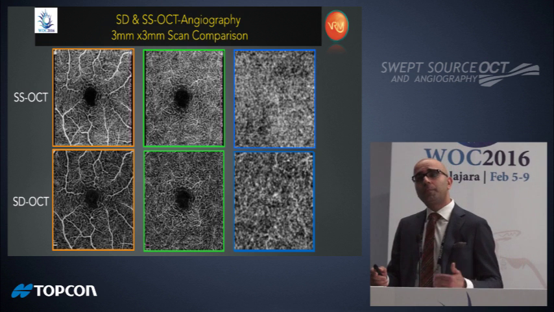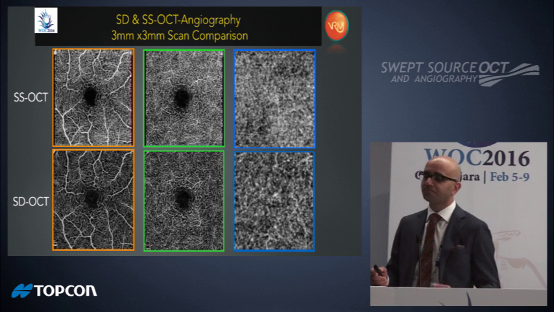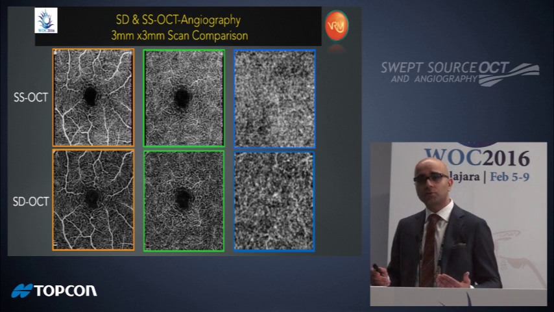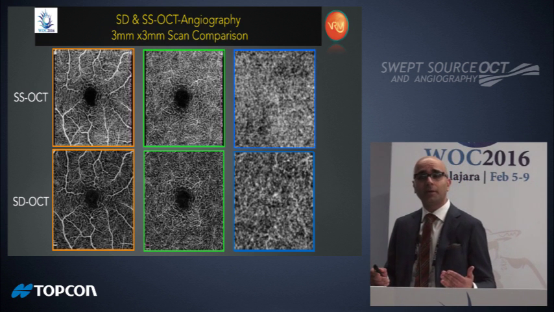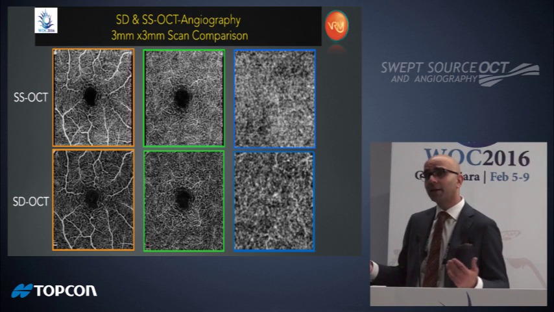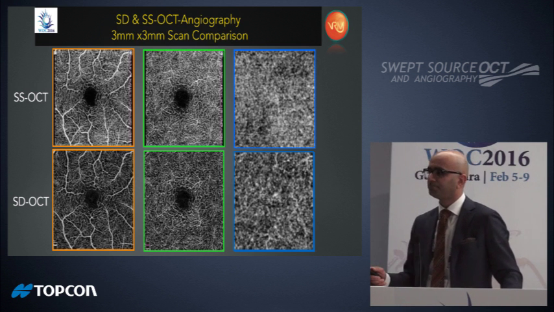Well, we know that spectral domain 840 nanometer wavelength is absorbed by RPE and is also absorbed by lipofuscin and drusen. So a choriocapillaris view will be a lot better with the swept source because we can penetrate the RPE since there's no absorption, and we can penetrate drusen and lipofuscin better with swept source. So we would expect a brighter signal, as we do see in the choriocapillaris.